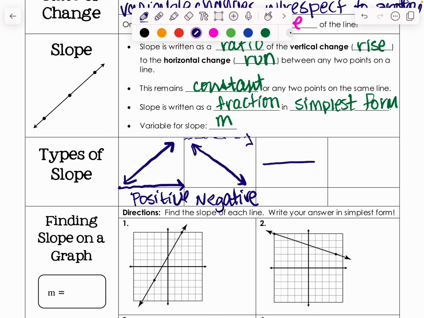A flat line is zero slope, not no, you would say zero. The slope is zero, it's not going up or down by any amount. And then straight up and down, we call undefined. And we'll talk a little bit more about those in detail later, but we are just going to now take a look at some graphs, okay?